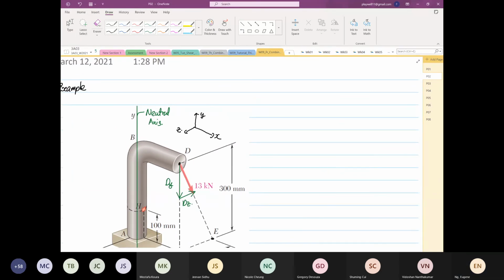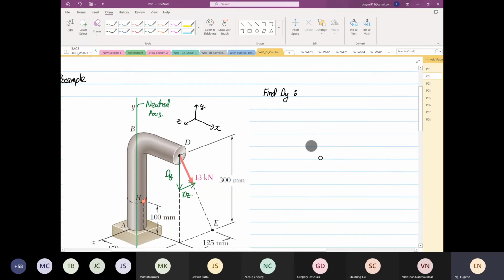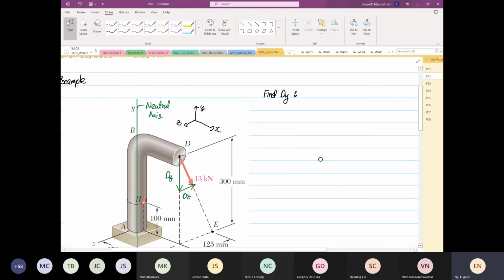To find our dy, it's equal to dy over 300, and this is equal to 13 times 10 to the power 3 divided by the square root of 300 squared plus 125 squared.